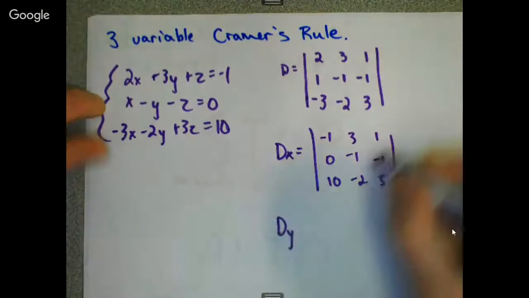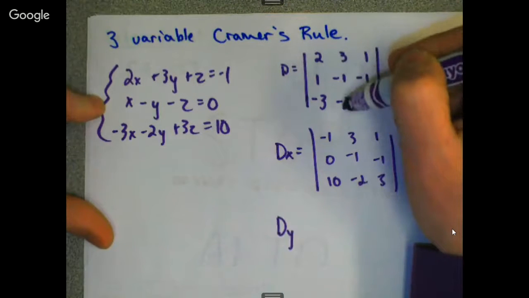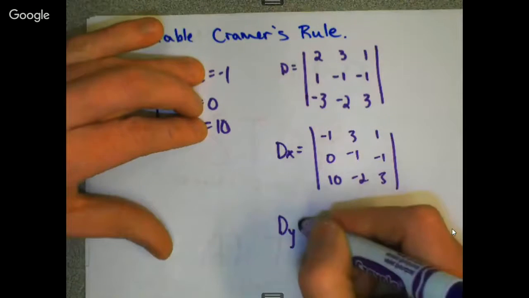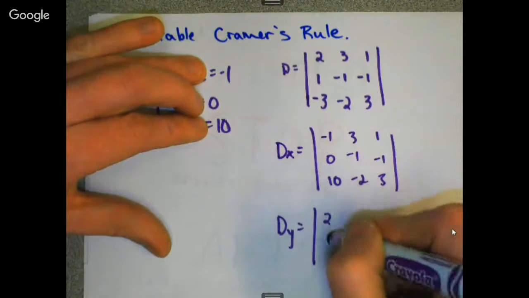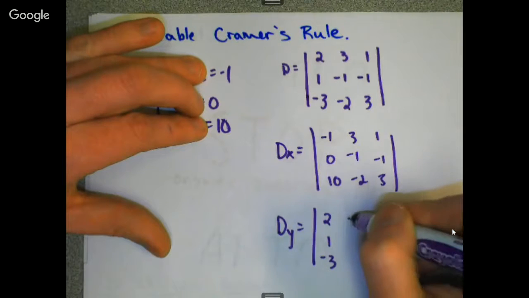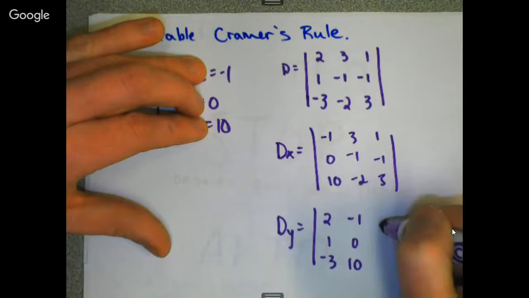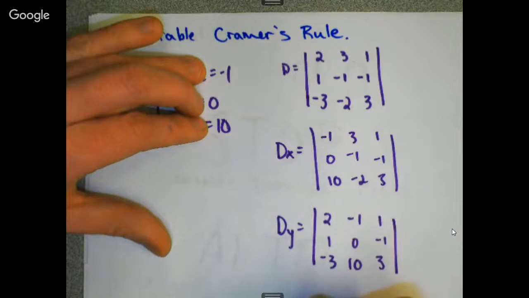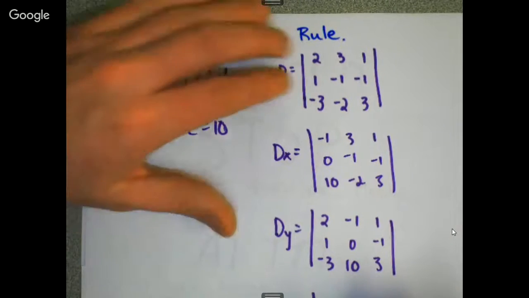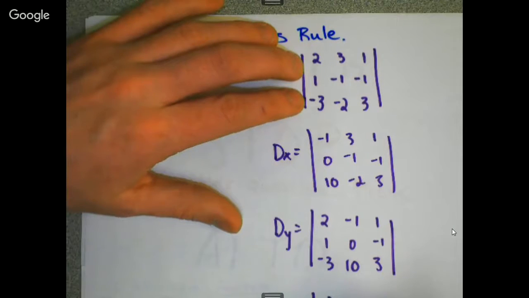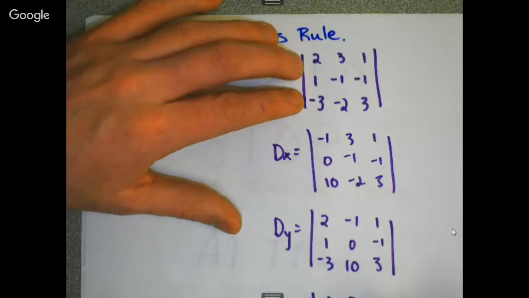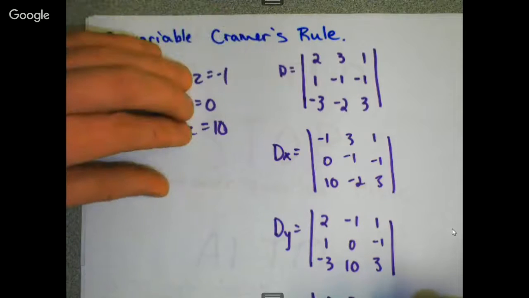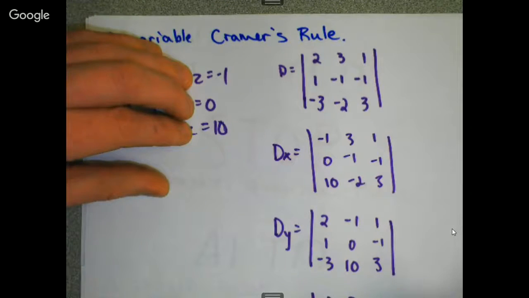dy, so instead of writing your y column, you're now going to write these solutions. So we have 2, 1, minus 3, negative 1, 0, 10, 1, minus 1, 3. And then dz, we will have 2, 1, minus 3, 3, minus 1, minus 2, and then your solutions in the last column.